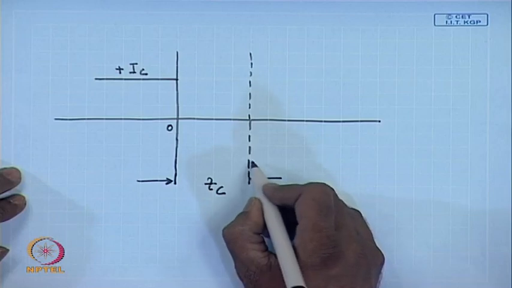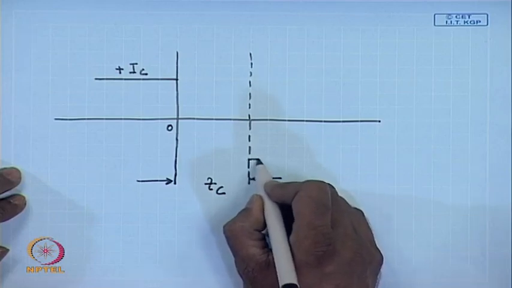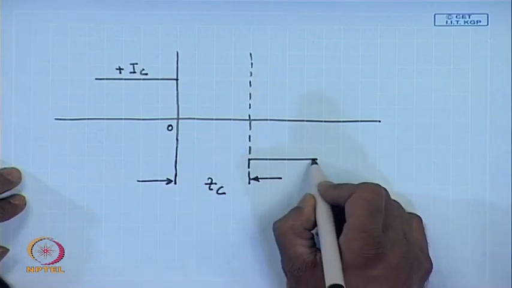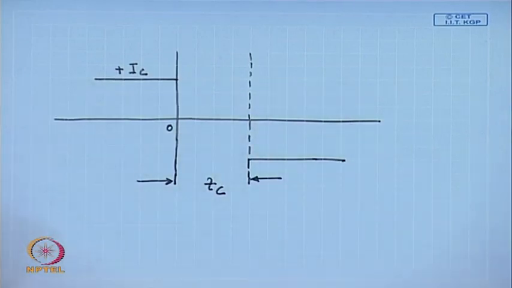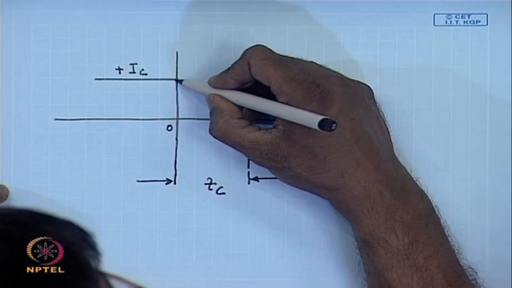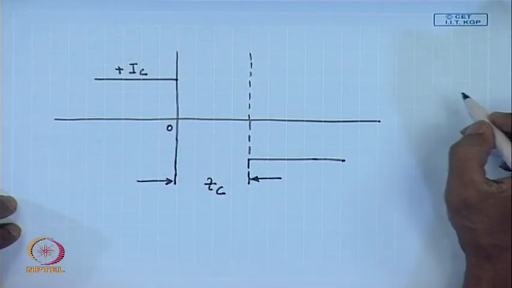At this instant current changes to minus IC. The question remains how the current changes here.